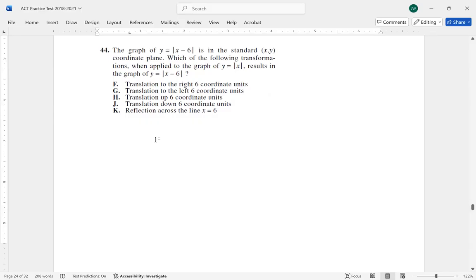Well, when you're adjusting the x, you're moving things right or left. And it turns out that when you replace x with x minus h, you're moving h units horizontally.